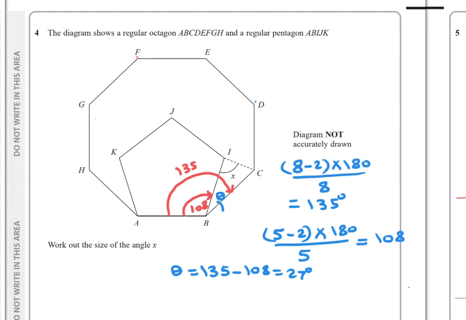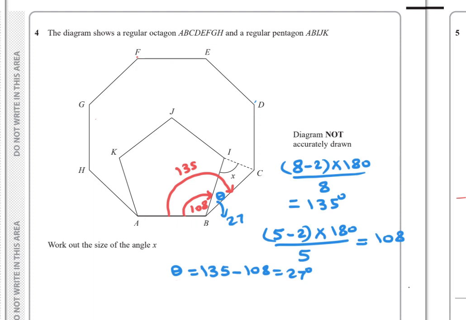So how to find x? AB is a side in the regular pentagon and a side in the regular octagon. So this means the side of the regular pentagon is the same as the side of the regular octagon.